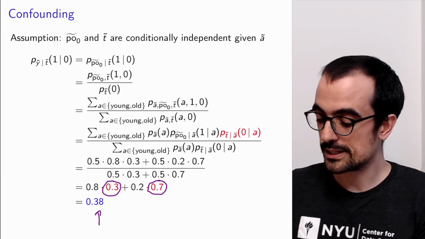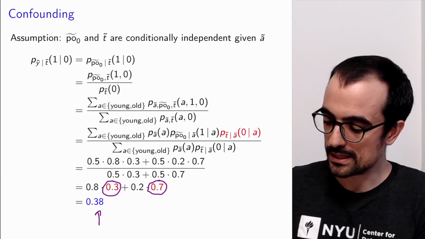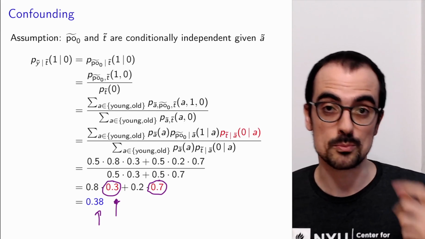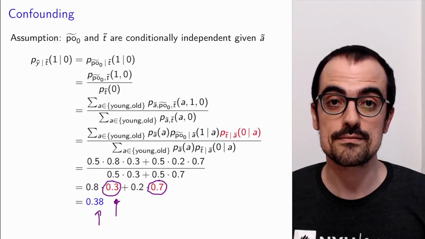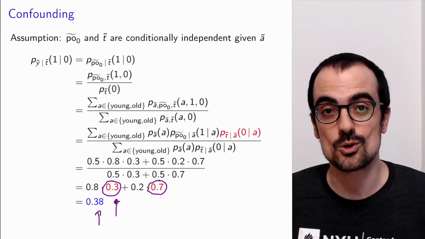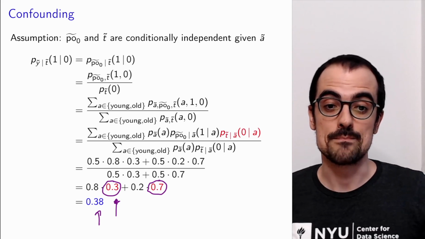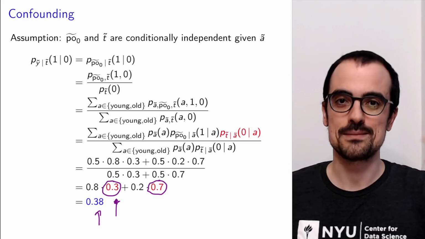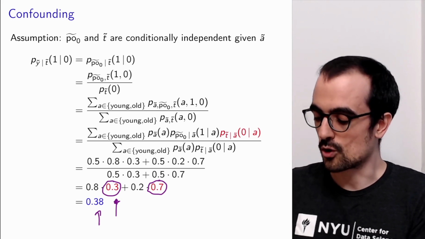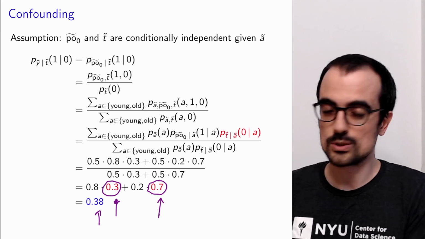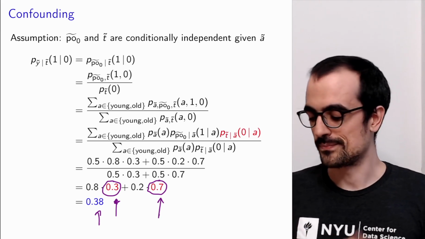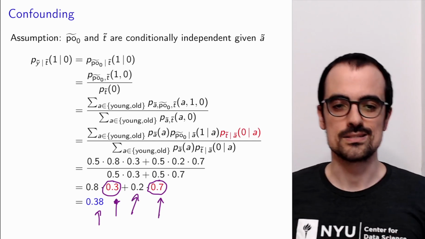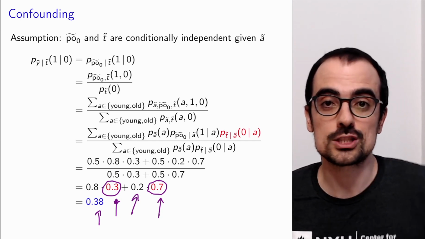This rate of recovery is very small because instead of having 0.5 here, which is the fraction of young people in the population, which is what we really would want to have there, we only have 30%, because it just so happens that young people are receiving treatment more often, like 70% of them are receiving treatment. Conversely, this number is very high, which is driving down the recovery rate, because the recovery rate of old people is very low because old people are not getting the medicine.